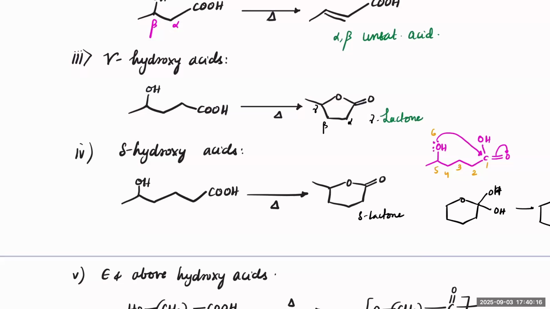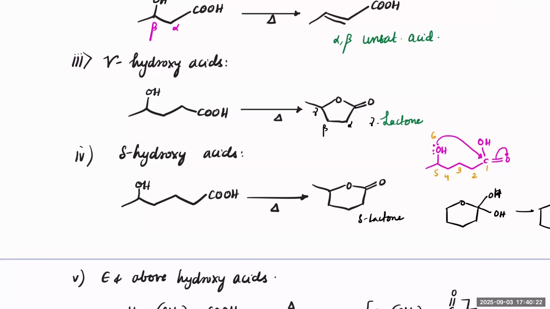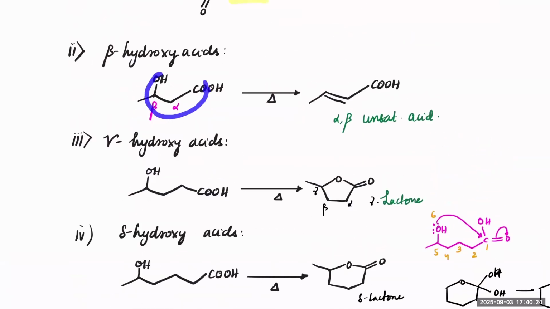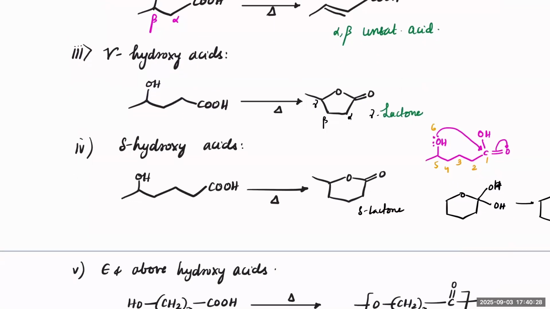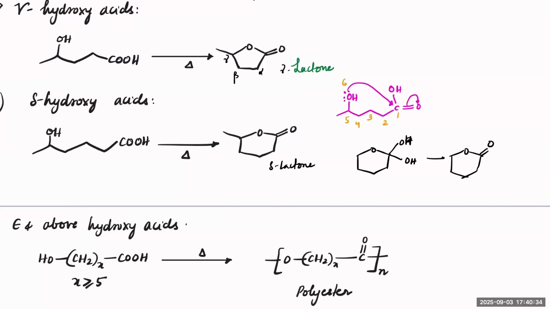But how does it become a ring, beta? How does it become a ring? You meant this one? No, the gamma hydroxy acid part. How does that become a ring? See, like this. OH is here. The lone pair from here will attack on carbon.